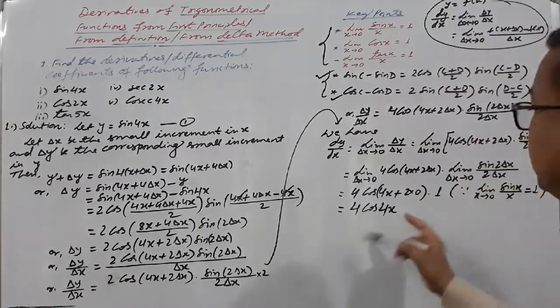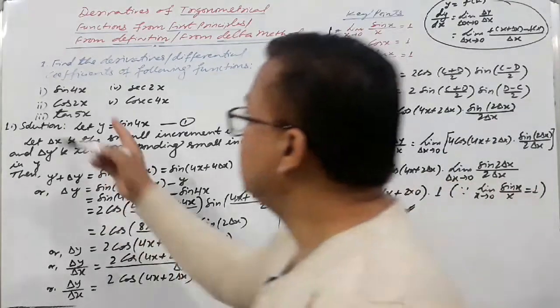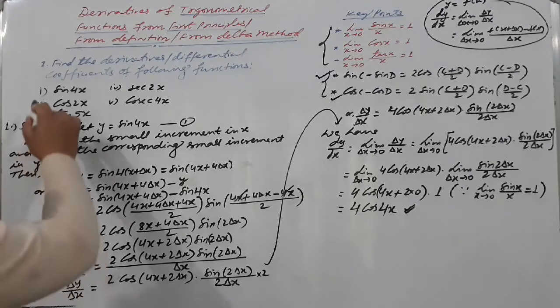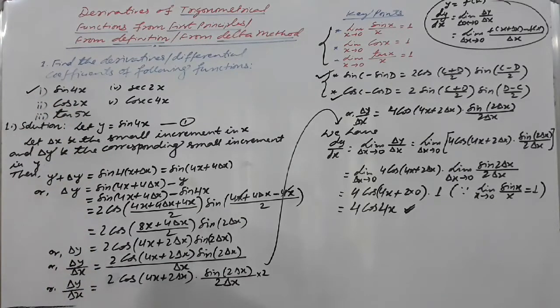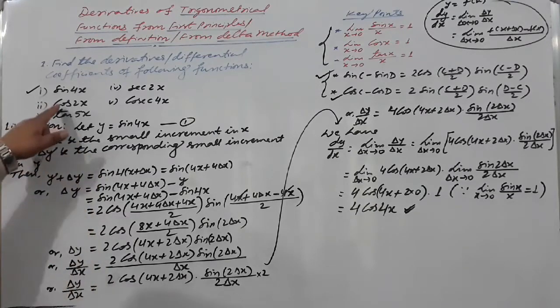So this is the derivative of cos 4x by using delta method, or from definition, or you can say from first principles. So simple and very important. We have done the question, derivative of sine 4x by delta method from first principles, and the same trick you have to apply here.